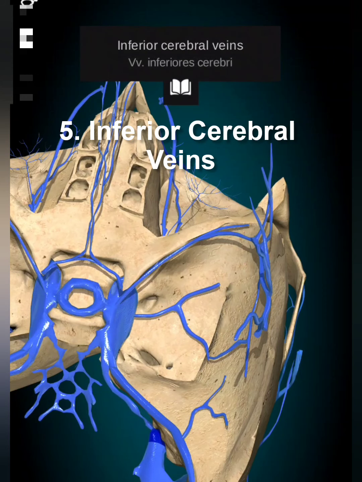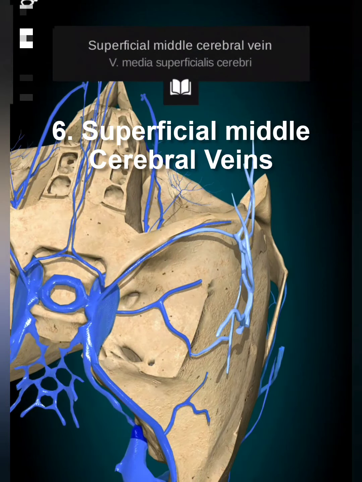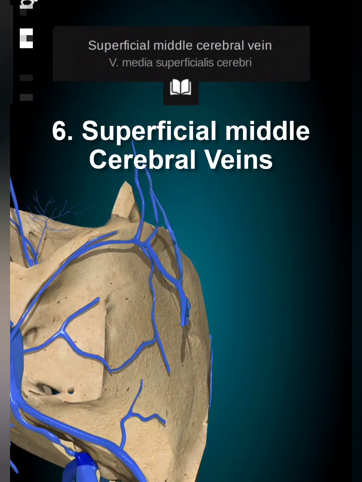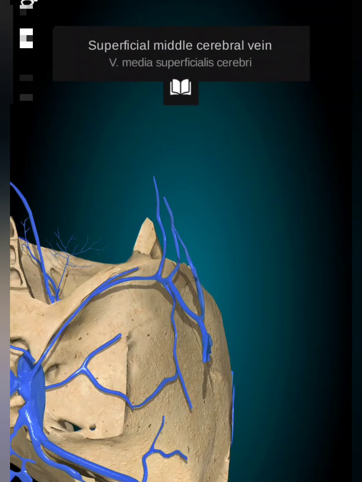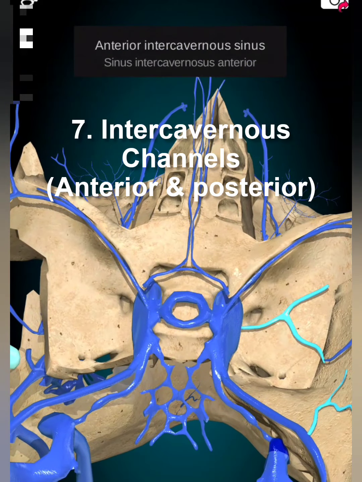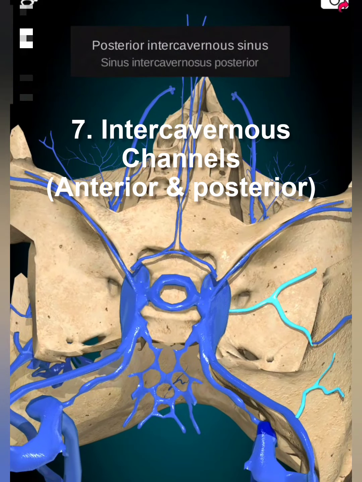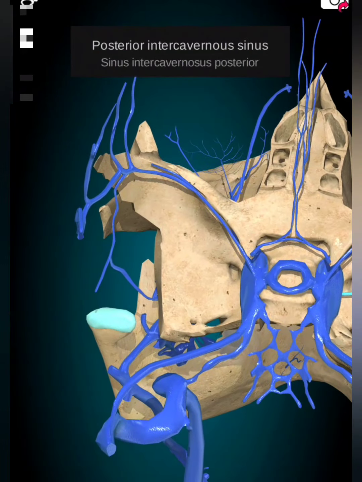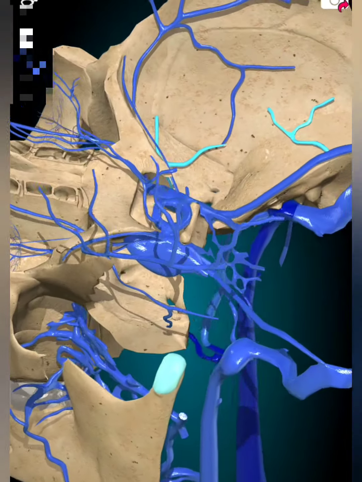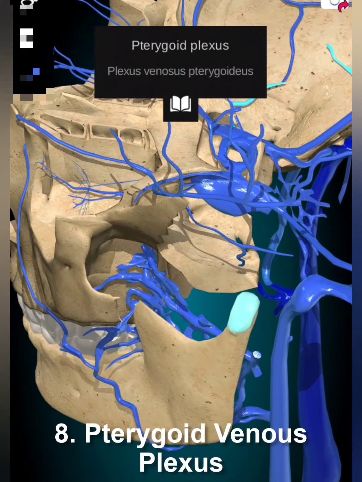Inferior cerebral veins. 6. Superficial middle cerebral veins. 7. The anterior and posterior intercavernous channels. 8. Pterygoid venous plexus.